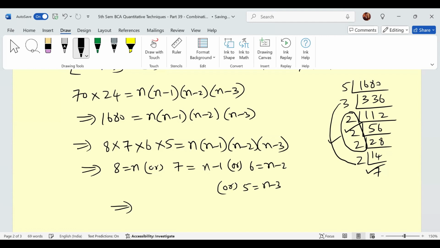In all these cases, n is 8 only. That will be the result of this.